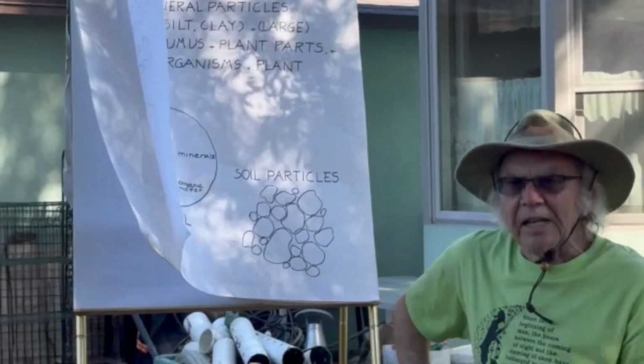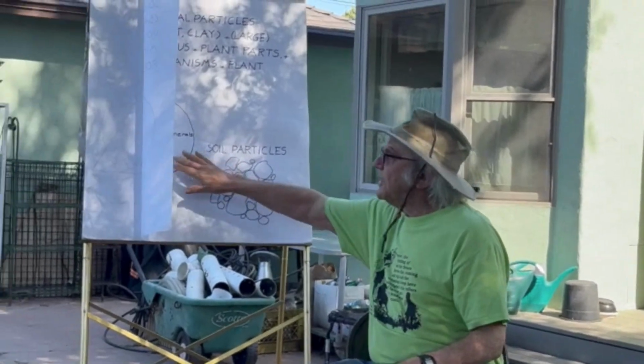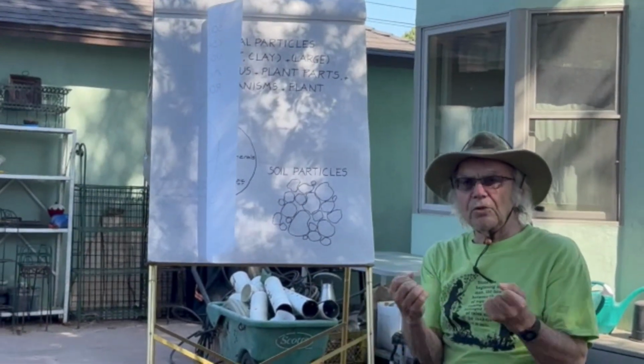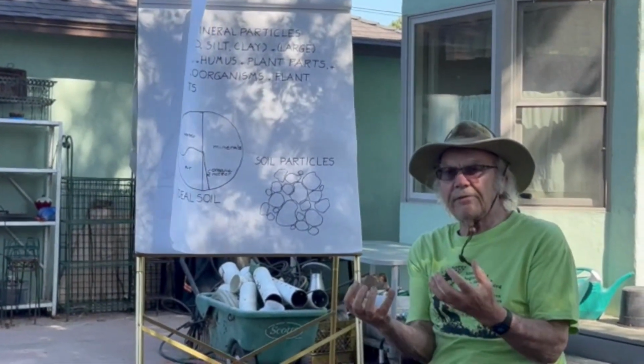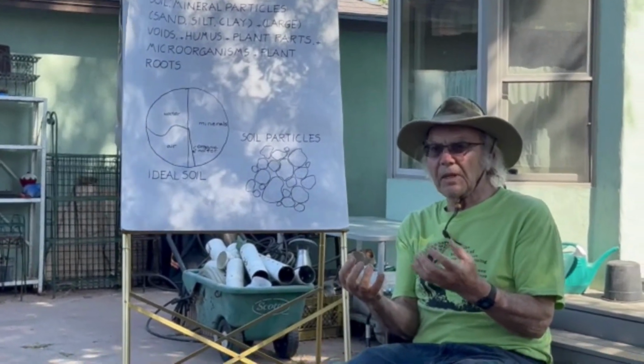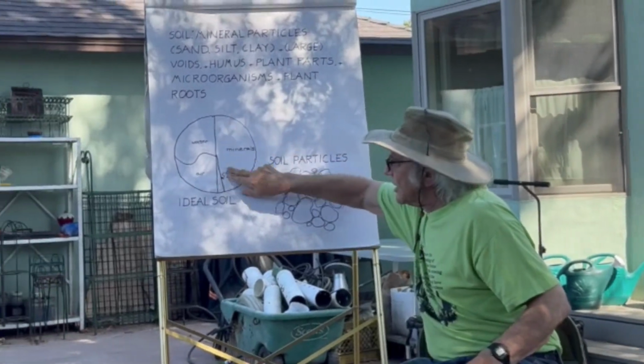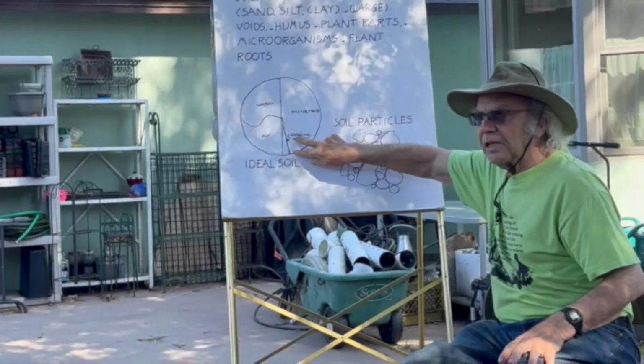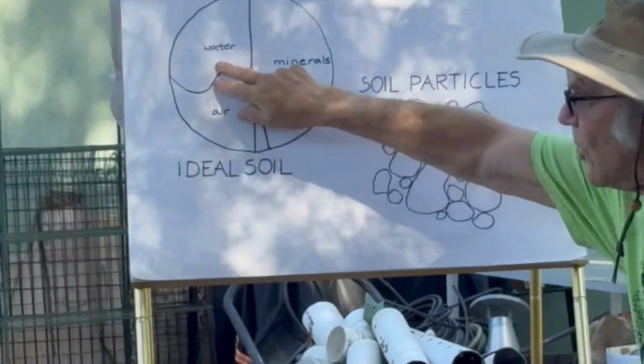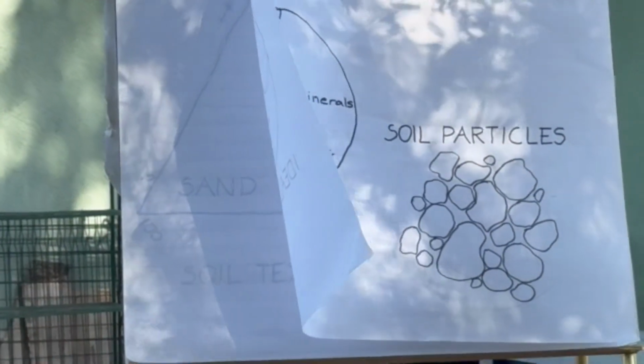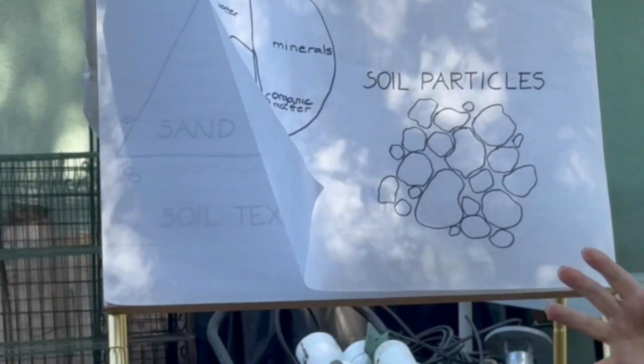But that is only a small part of what's in soil. First of all, an ideal soil consists of half nothing. An ideal soil has the sand, silt, and clay here, and on this side, the other half, it's a void.